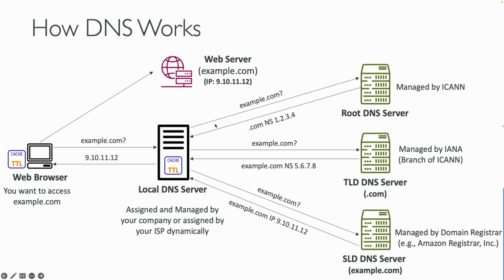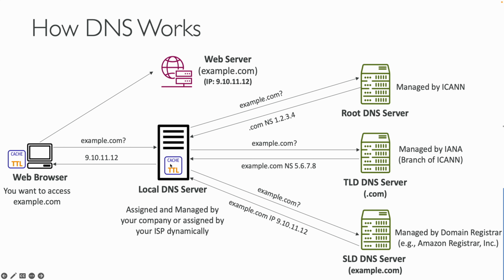It says, I don't know about example.com, but I have the information about .com, because the root DNS servers only have information about .com, .in and other top level domains. So it says this .com is in the name server at 1.2.3.4, and sends the response to the local DNS server.